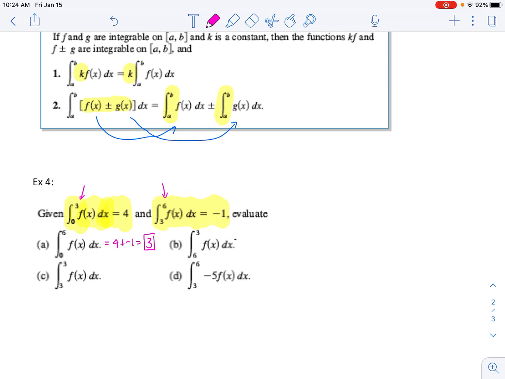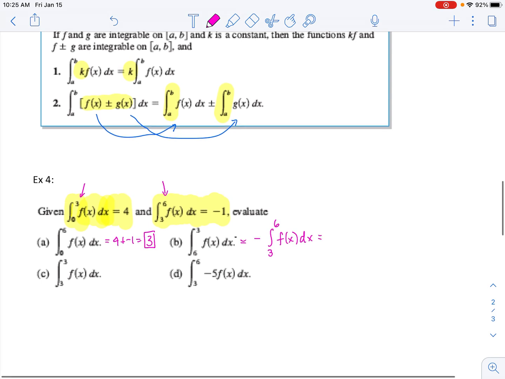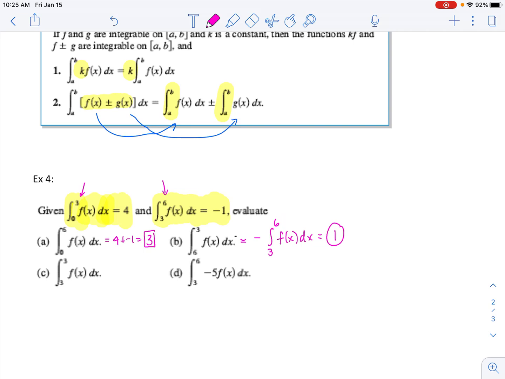So that's part A. Part B is flip-flopping those integrals' limits. So this is the same as the opposite of 3 to 6, and since 3 to 6 as given to us is -1, then the flip-flop of that is going to be +1. Part C has those matching limits here. If we integrate from 3 to 3, that gives us 0.